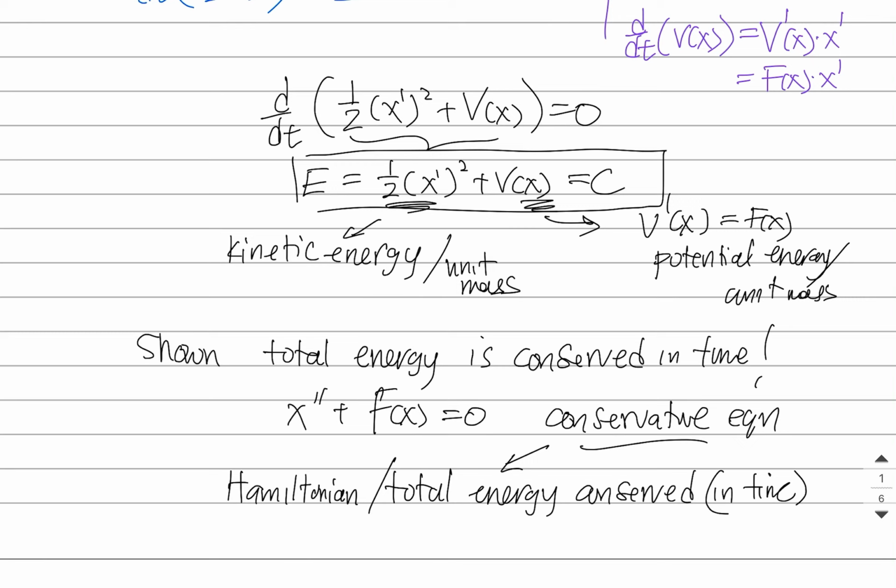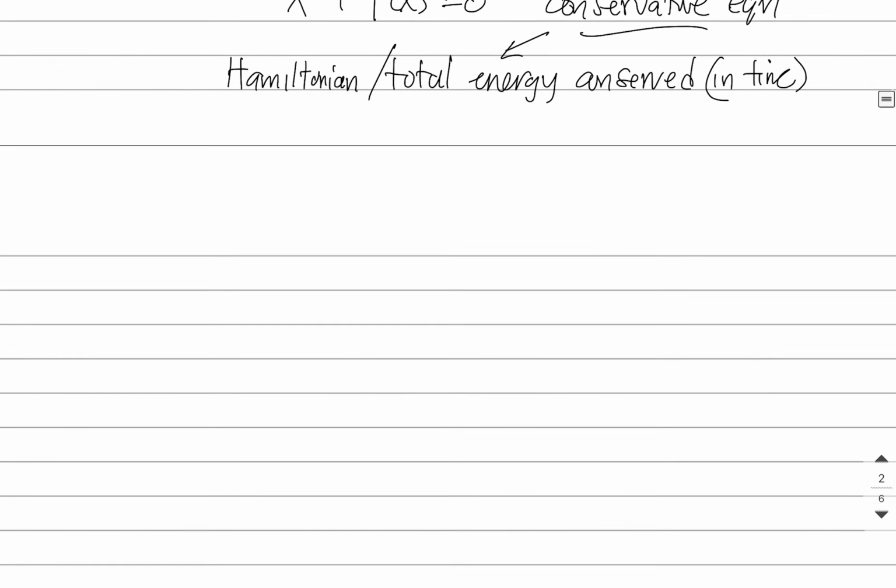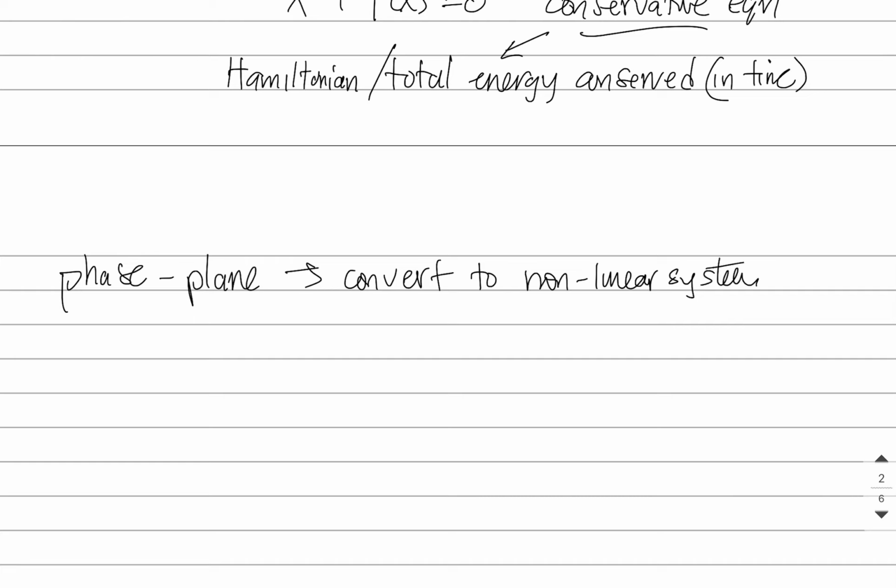Now we're going to hold on to this conservation idea because it's going to help us in our second interpretation here. What we would like to do is write this in the phase plane. And what we're going to do is convert this Newton's law, not a second order equation, to a nonlinear system. We will do this the same way we always do. We're going to let y equal x prime, so that's going to be our velocity.